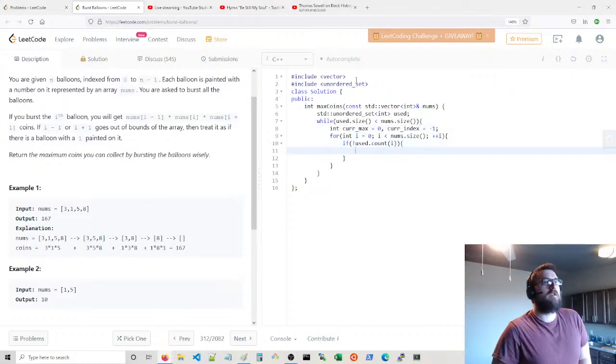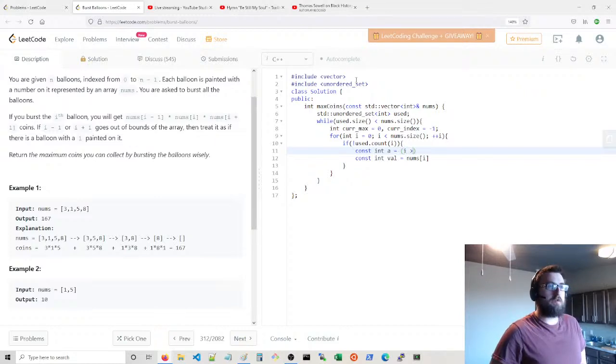If not used, then we can calculate the val for this particular balloon. It's going to be nums of i, and we'll say a will just be, if i is greater than 0, nums of i minus 1, or 1.